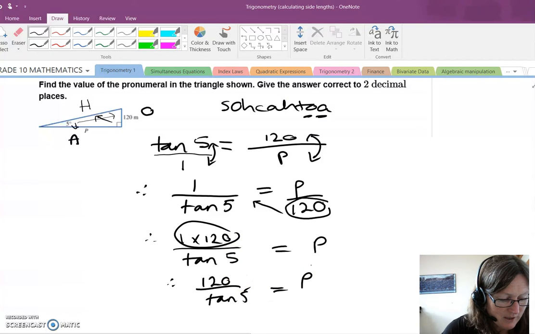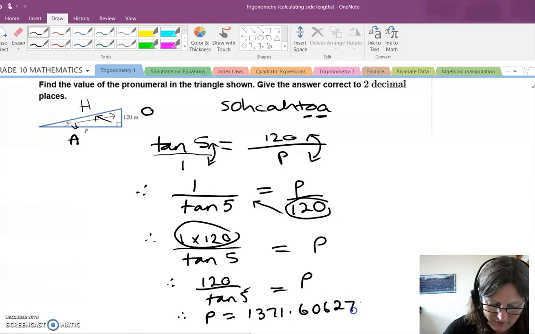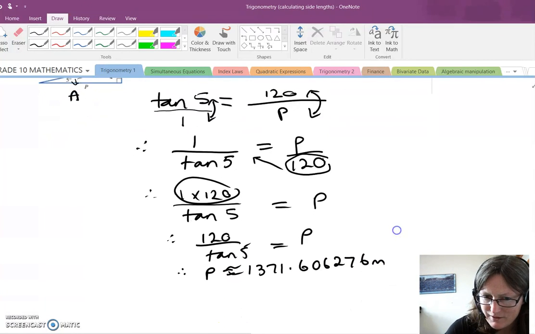So in our calculator you put 120 divided by tan 5 and you'll get that P is equal to 1371.606276 metres approximately, because I've rounded off because my calculator stops.